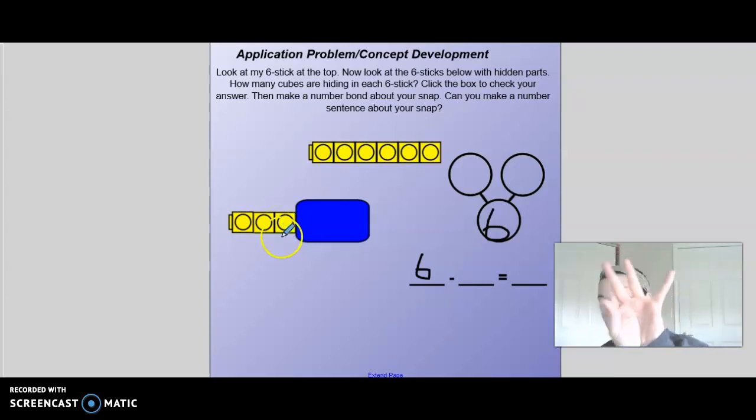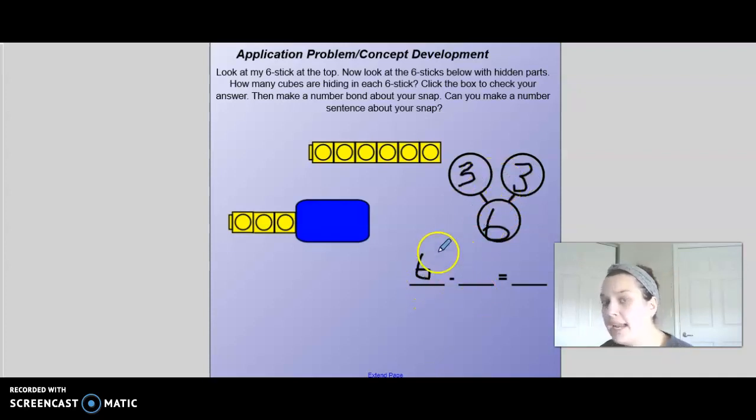How many are hiding? 3. Very good. So that's one of our parts. And then our other part we can see right here. Let's count it. 1, 2, 3. Okay, so we have 6 is 3 and 3.